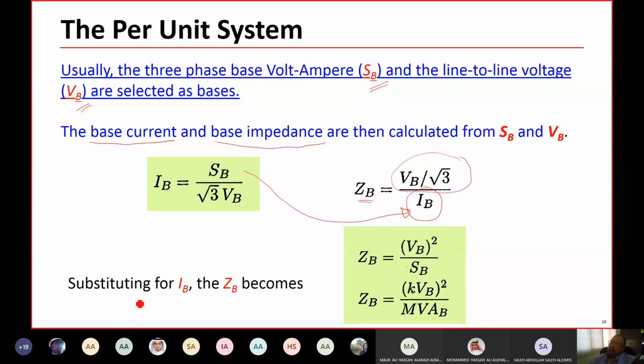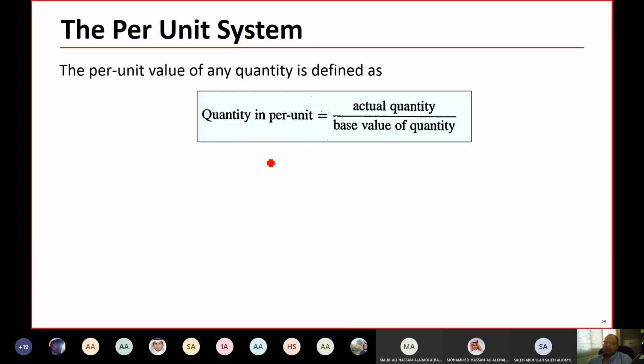So in per unit quantities, you select S base and V base arbitrarily. For example, S base equals 100 megavolt ampere, and V base equals 13.8 kilovolt, arbitrarily. Based on this, you can find I base and Z base. And you can definitely convert any quantity to the per unit quantity now.